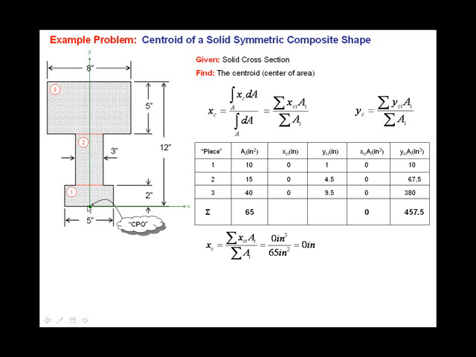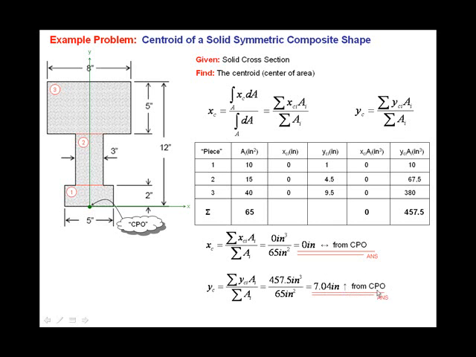So for the x distance, 0 cubic inches divided by 65 square inches gives us 0 inches left and right from the CPO. Similarly, for the y-axis, 457.5 cubic inches divided by 65 square inches, a little over 7 inches, up from the common point of origin.